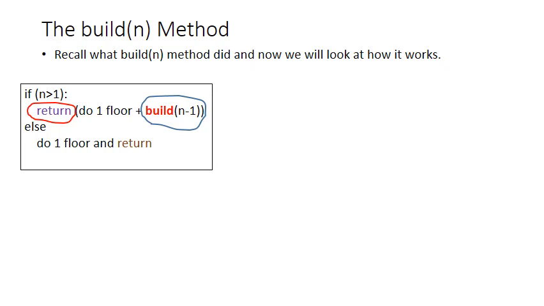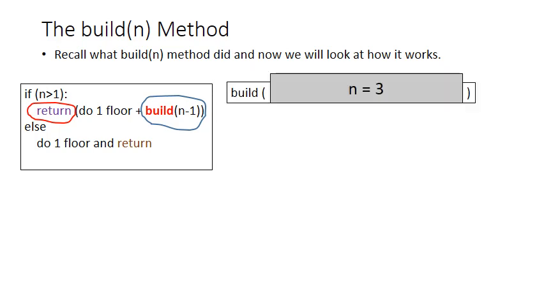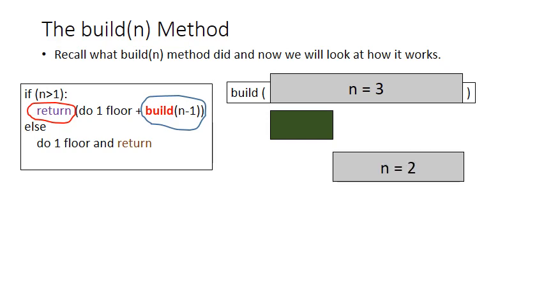For simplicity, let's say instead of building 4 floors, the task is to build 3 floors. We call the build method, and in the parameter we pass the problem. According to Recursion's equation, as n is greater than 1, I'll do 1 floor, which is marked green, and pass the remaining 2 floors to someone else.